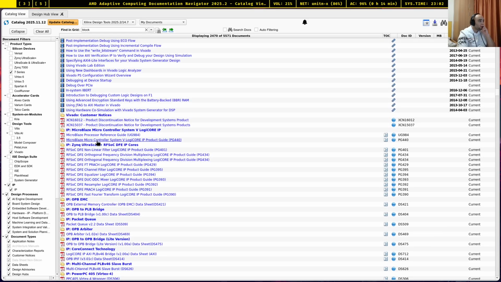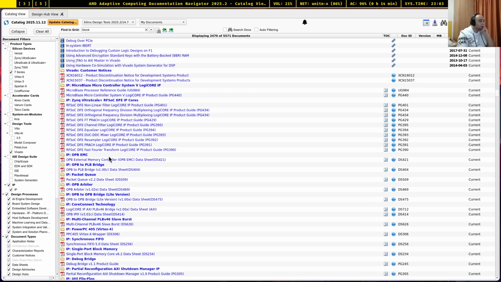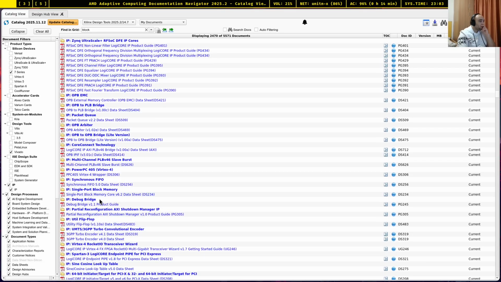IP. Oh, finally. Don't care about the Zynq UltraScale, but whatever. Oh, single port block memory controller. No, but I want the single port.